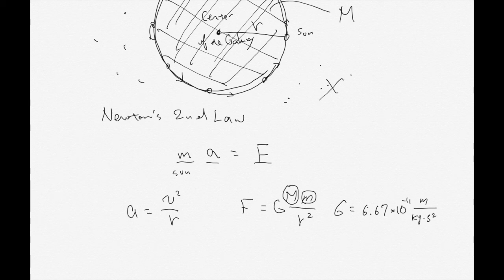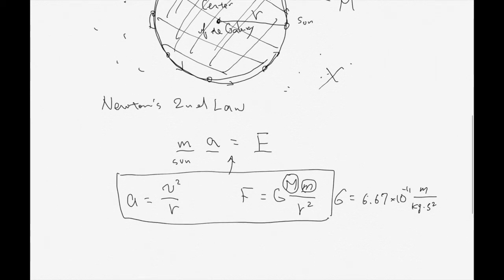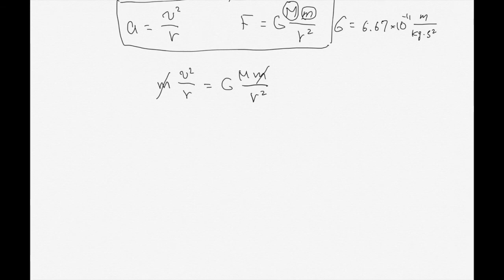So you can use this a and F in Newton's second law. We substitute these equations: m v squared over r equals G M m over r squared. The lower case m appears on both sides, so m is canceled out.